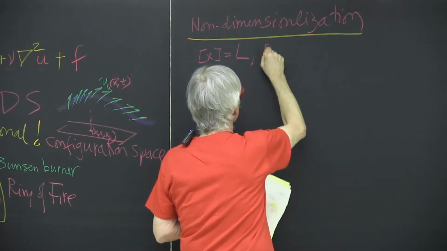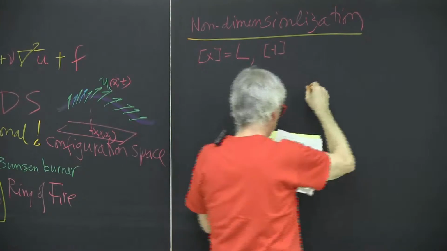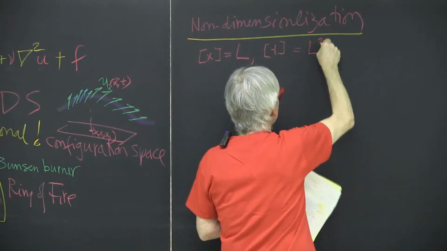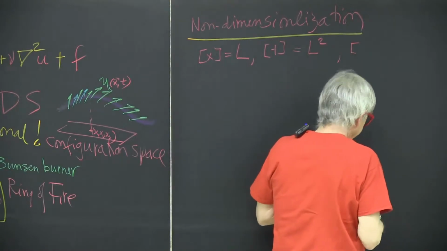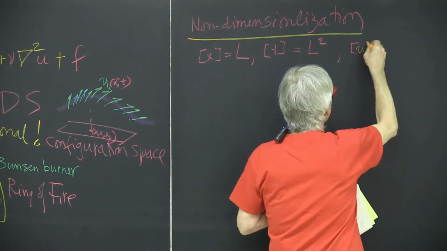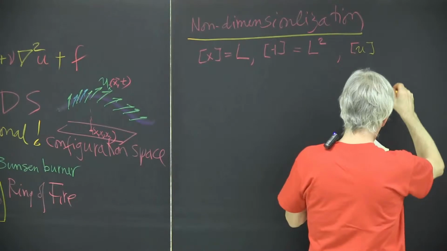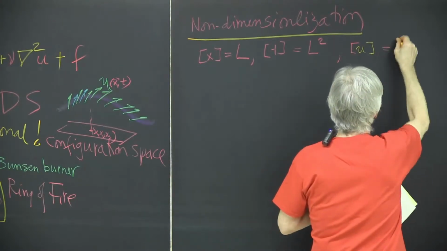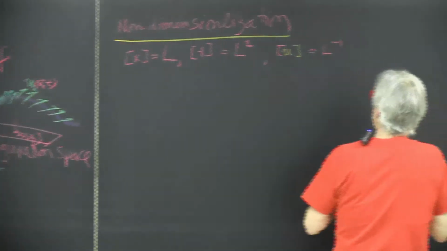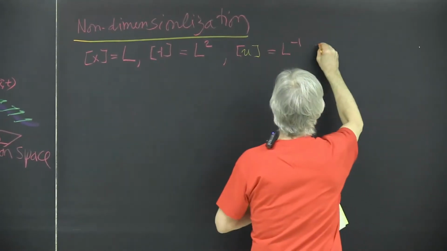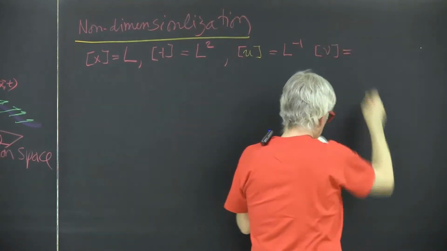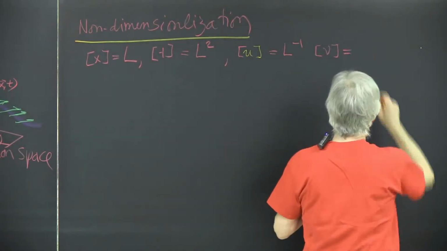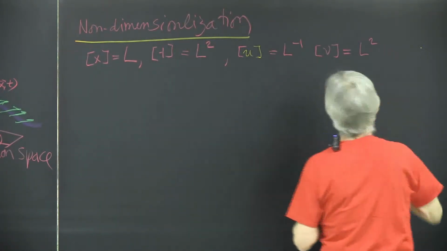This is your coordinate. The time is length squared. If you don't like this, do it yourself. The field itself has dimensions inverse length, and viscosity, if I'm just using length as the only scale, viscosity has dimensions length squared.